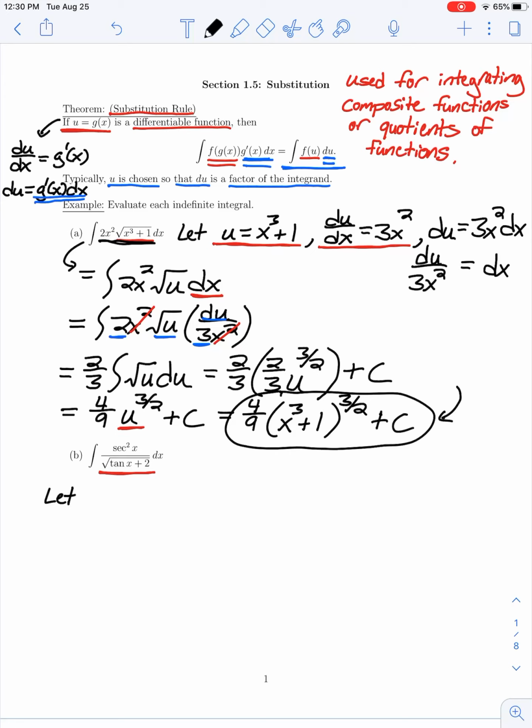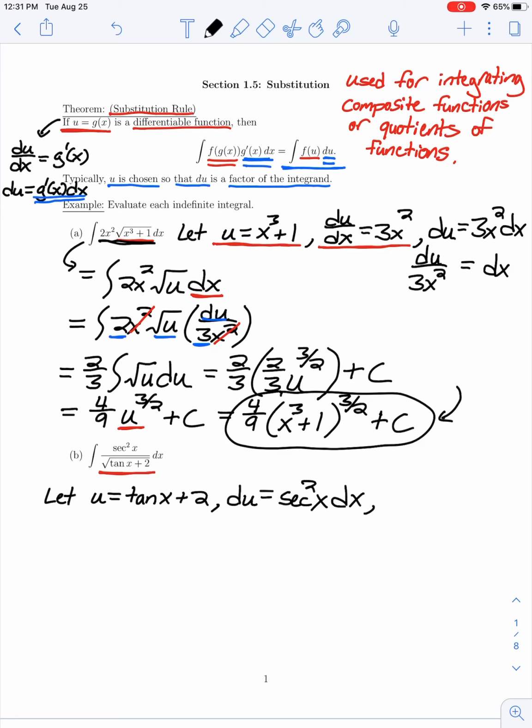And my first step in the method of substitution is to choose a value for u. So here, u I will choose as tangent x plus 2. That is the inside function in my composition. And from here, we have the differential of u, du, would be the derivative of tangent x, which is secant squared x, plus the derivative of 2, which is 0, times the differential of x.